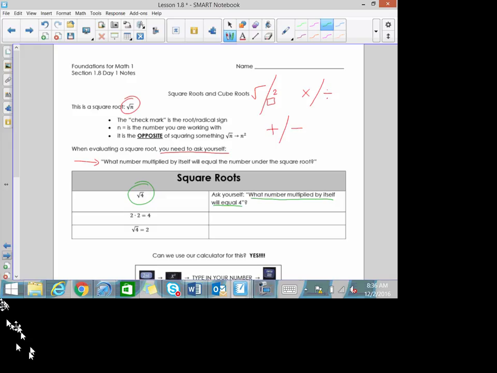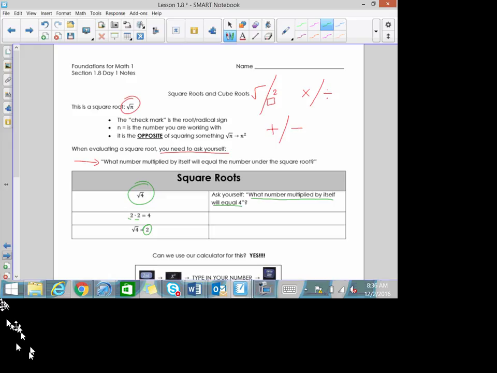What number times its exact self, the exact same number, will give you 4? I picked an easy one because the only two numbers that are exactly the same that will equal 4 are 2 and 2, because 2 times 2 is 4. So the square root of 4 is 2. So the answer is 2.